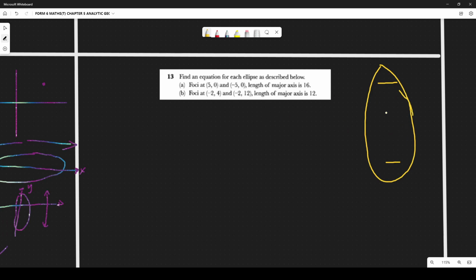Since you know the major length is 16, this is going to be 8, right?